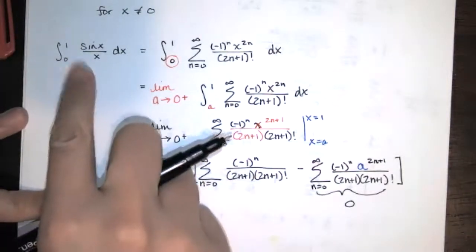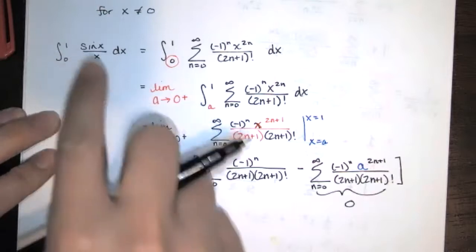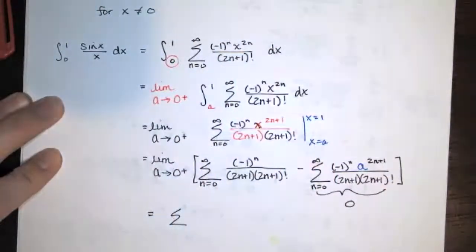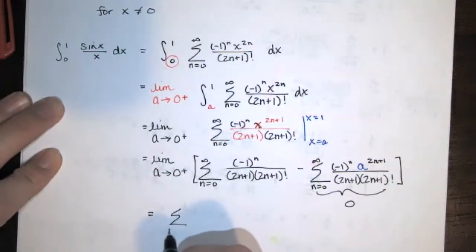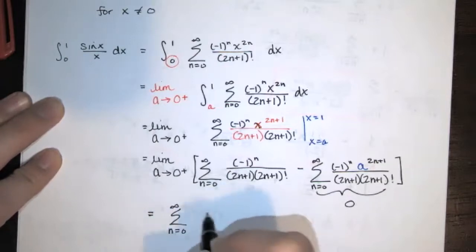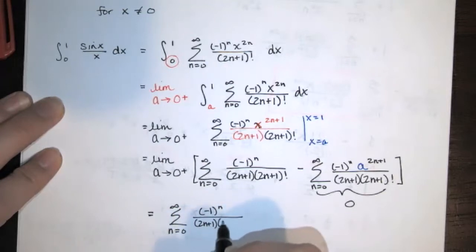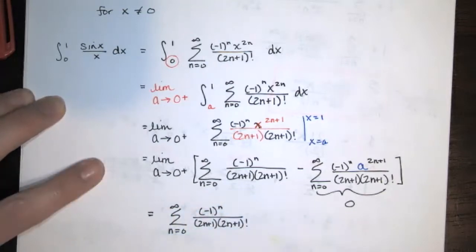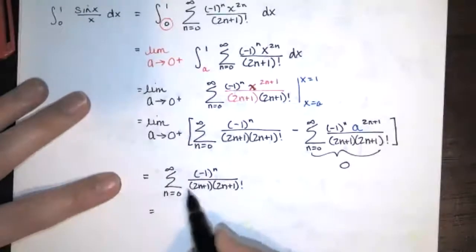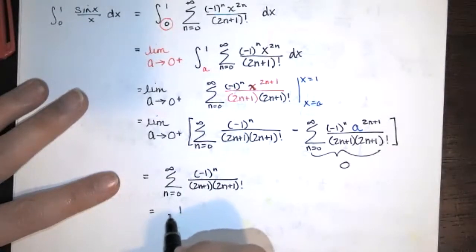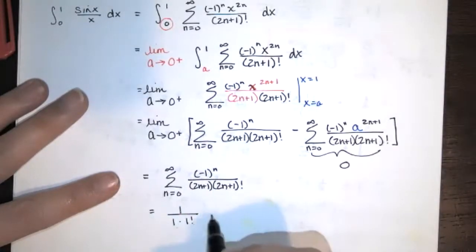So the value of this integral from 0 to 1 of this function is the value of this improper integral. And it's the sum as n goes from 0 to infinity of -1 to the n over 2n plus 1 times 2n plus 1 factorial. Or if we expand, when n is equal to 0, we'll get 1 over 1 times 1 factorial.